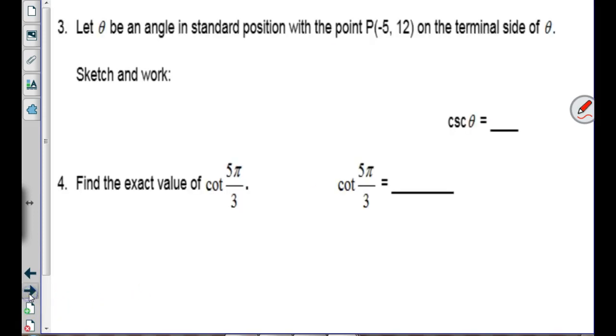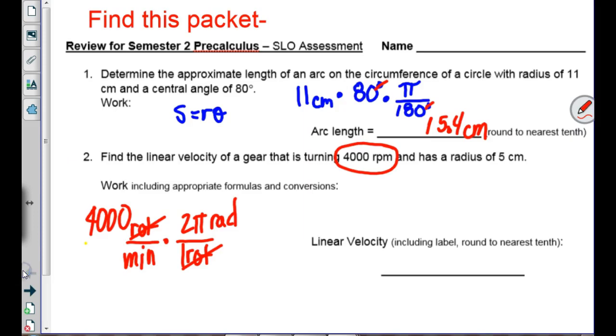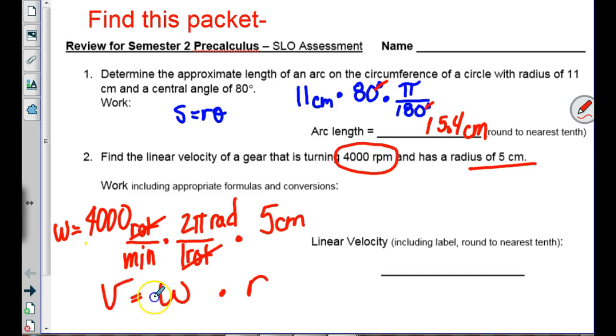Well, so far we now have radians per minute, which is an angular velocity, right? So it's 8,000 pi. And we know up here the radius is 5. So if we just multiply by 5 centimeters, angular velocity times radius will give us linear. This part was the angular.